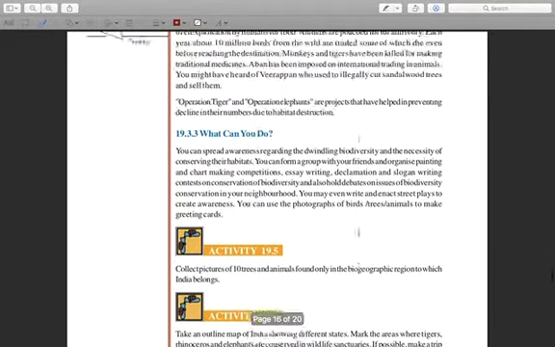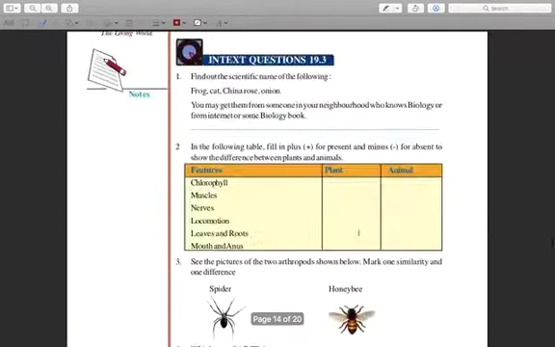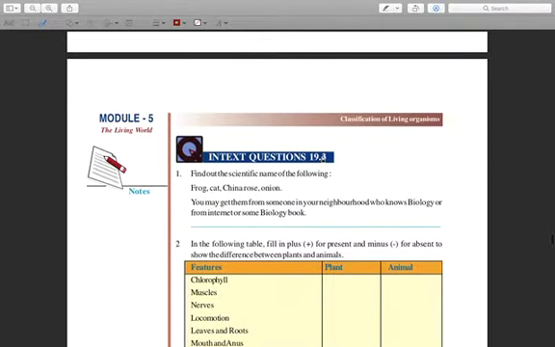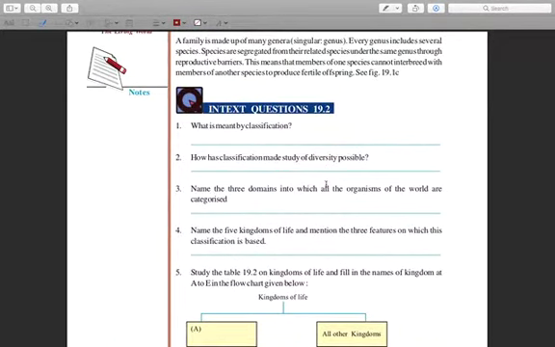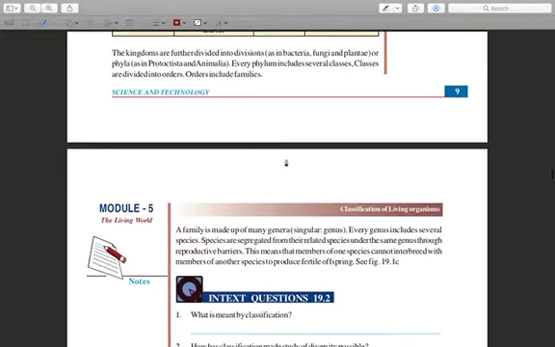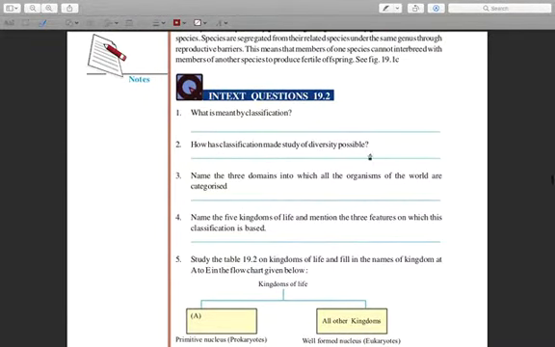The first one is that you have in-text questions in the book, that is 19.1, 19.2, and 19.3. For all these in-text questions, you have to write down the answers in the textbook itself. You go through the lesson topic, find the answer, and write it down.